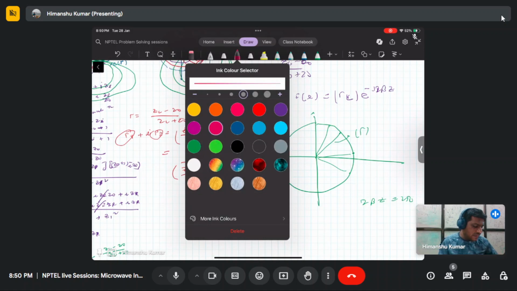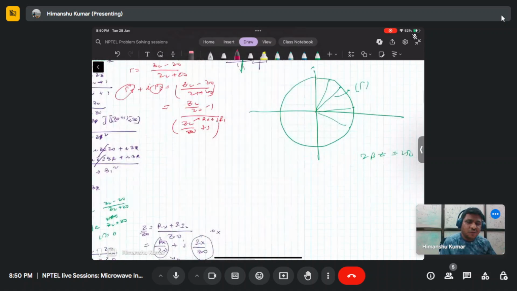And that experiment I do in my lab. To match my impedance at the particular resonance frequency, I sweep the microwave frequency. As I sweep the microwave frequency, my complex impedance will pass through like this.